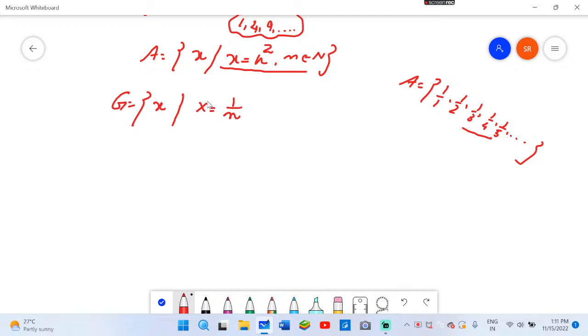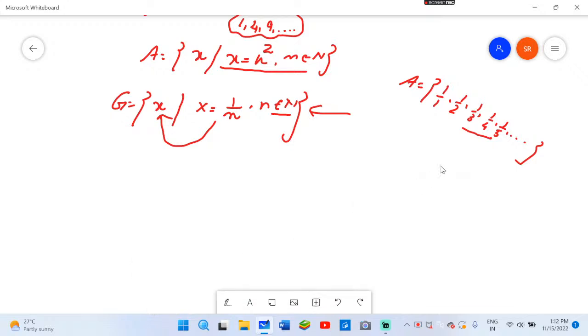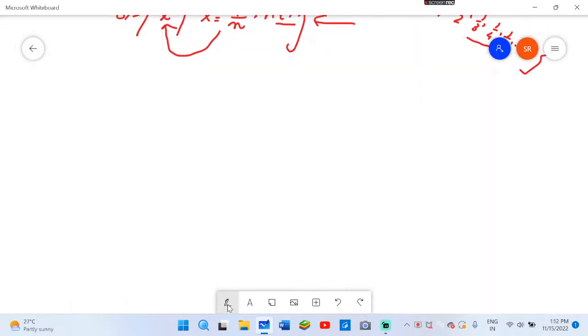As n varies, x will also vary. N belongs to set of natural numbers. So this is the second type we have covered. This becomes the general element. So this is also set builder form. Other name for it is property defining method.